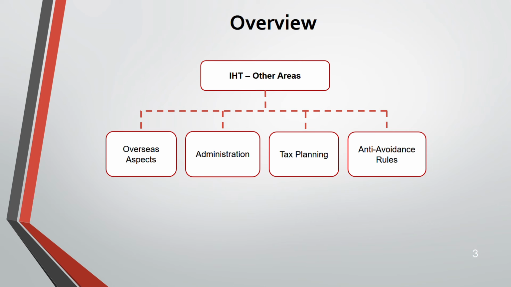These are the other areas of IHT. So I have done how to calculate IHT on lifetime gifts when the donor dies, the impact of death, the additional tax that you have to pay on lifetime gifts, and also death estate. Three areas done. Now the other parts, small areas, I will touch upon them.